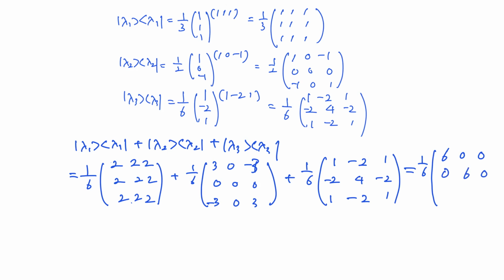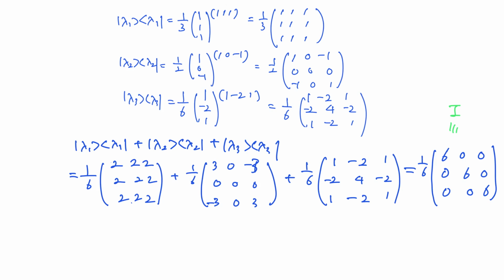How about the third element? 2 minus 3 plus 1 is 0, right? 2 minus 2 is 0. 2 plus 3 plus 1 is 6. So that's 0, 0, 6, which is the identity. How about the spectral theorem property?